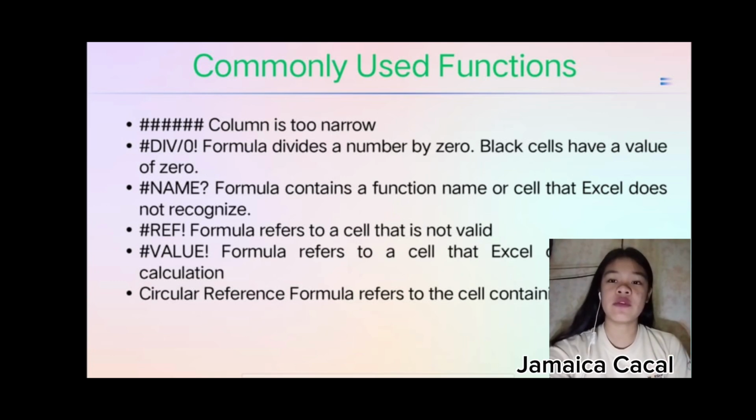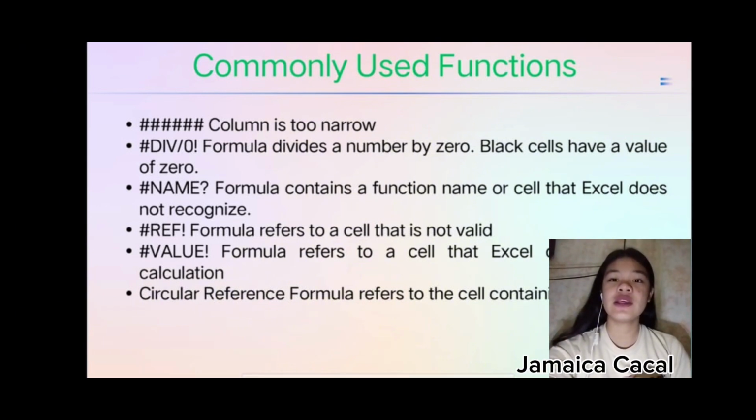This happens when a formula tries to divide a number by 0 or an empty cell, which is treated as 0. So next is the name error. The formula contains a function name or cell that Excel does not recognize. Occurs when Excel does not recognize a function name, cell reference, or text in the formula.